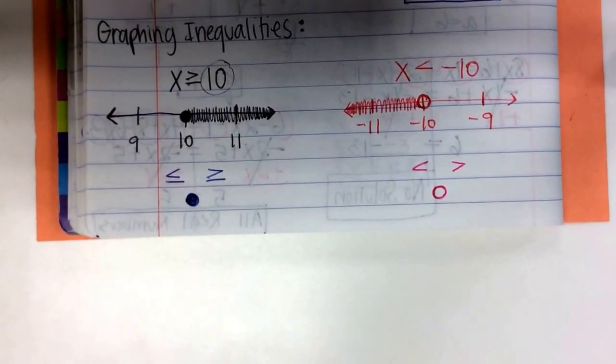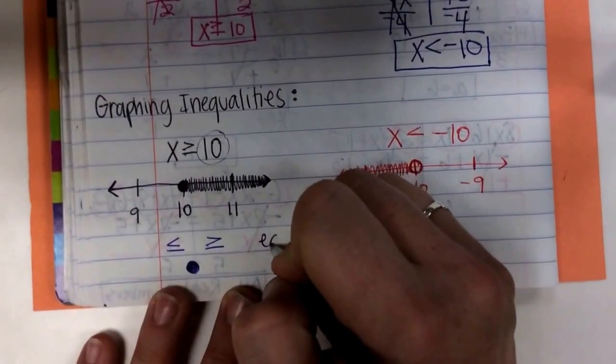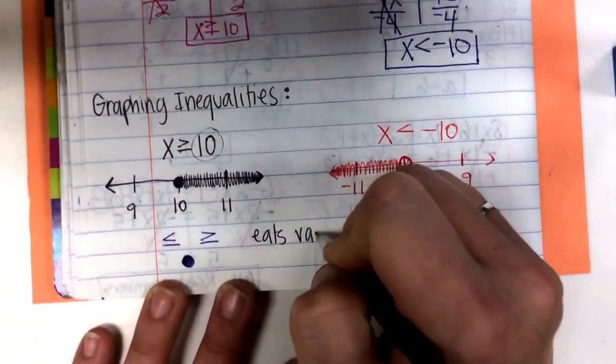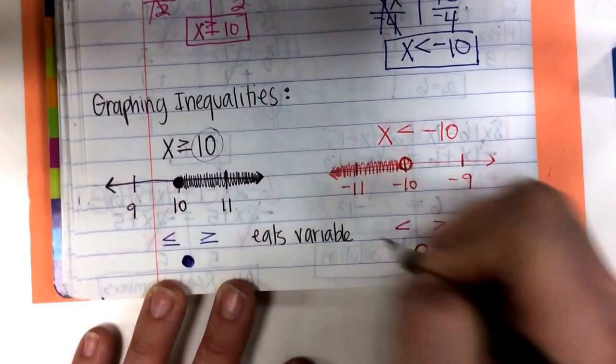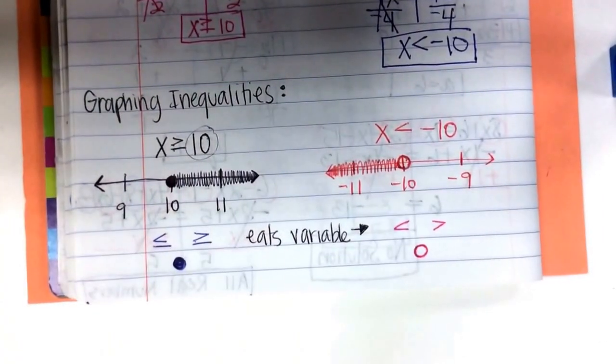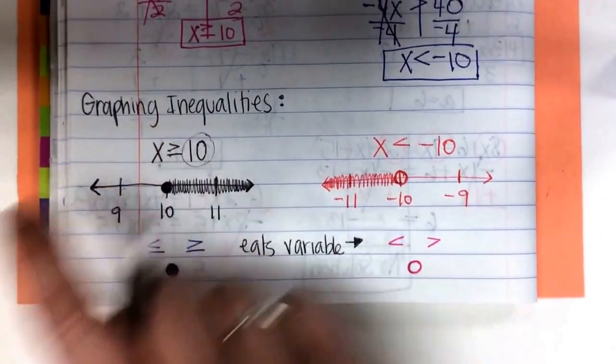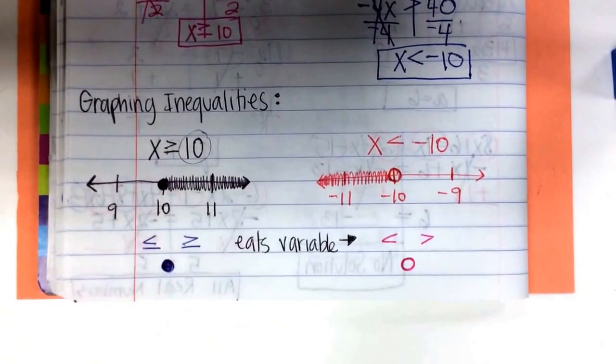Here's my other cheating freebie idea. If it eats the variable, you go to the left. Look, it's eating the variable. So we go to the left.